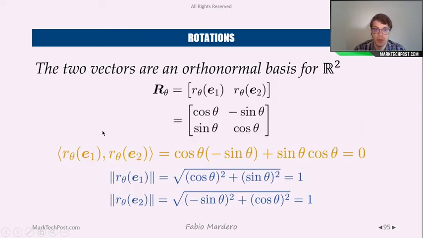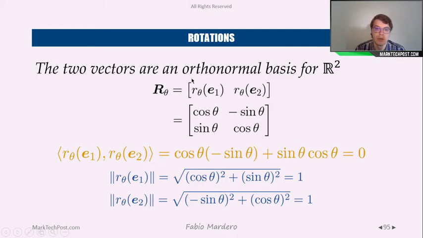We can prove, but we will not do, that the two vectors, the rotated canonical basis, are an orthonormal basis. In particular, I leave to you to prove that the rotation of these vectors is still a basis, but I want to show you why we talk about an orthonormal basis.